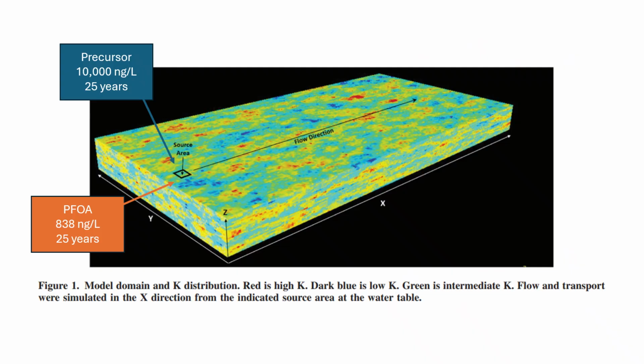For the two scenarios, they use different concentrations for the precursor and PFOA sources. Scenario 1, with the precursor, used a higher concentration since it involves a transformation to PFOA. And the PFOA concentration after transformation should be in the hundreds of nanograms per liter.